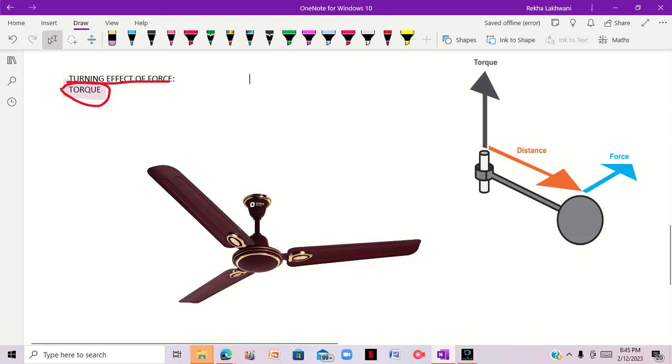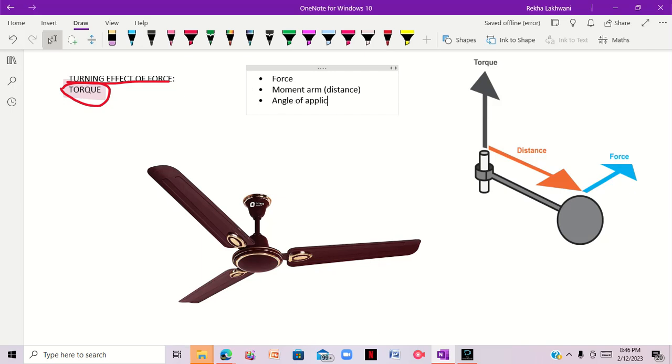First is our force, second is the moment arm, or you can say the distance, and third is the angle of application of force.